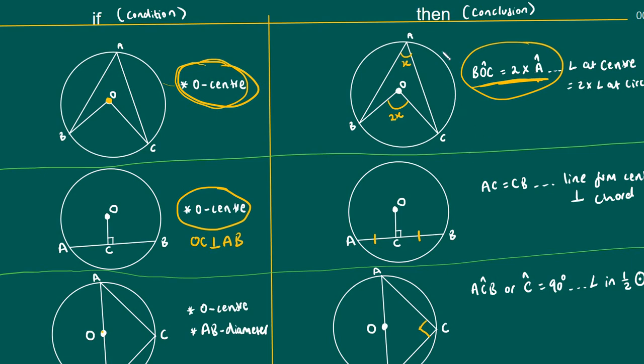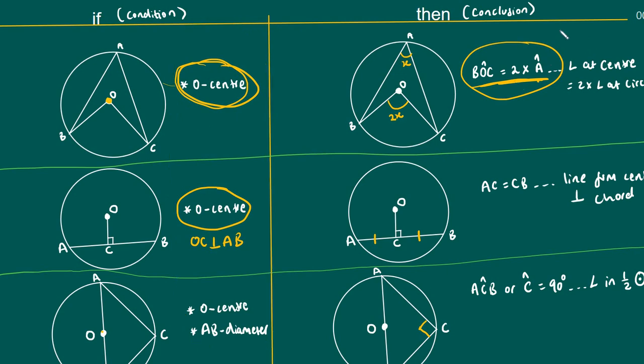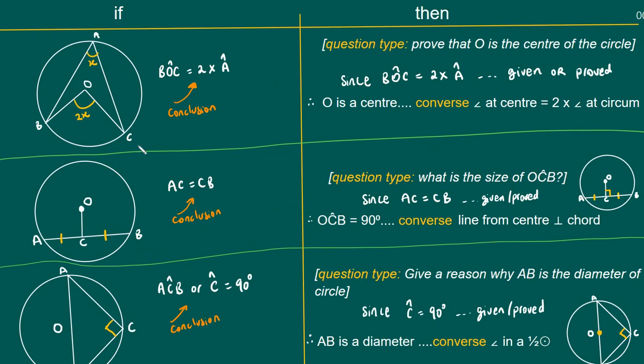For a converse, you are given this one as the condition. And then all of these that were the conditions are now going to be your conclusions. These ones are now going to be the conditions. That's English, yeah?